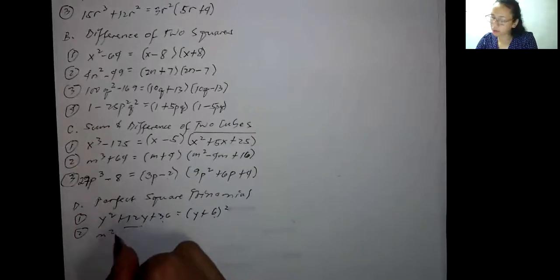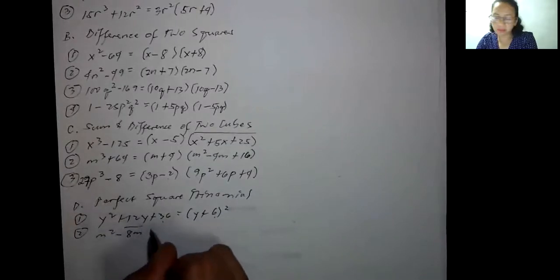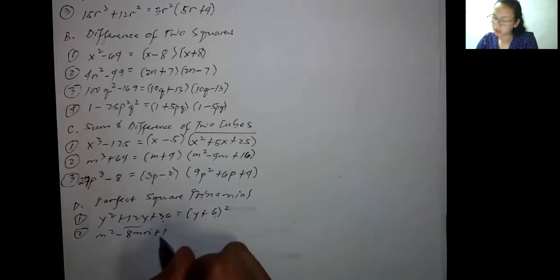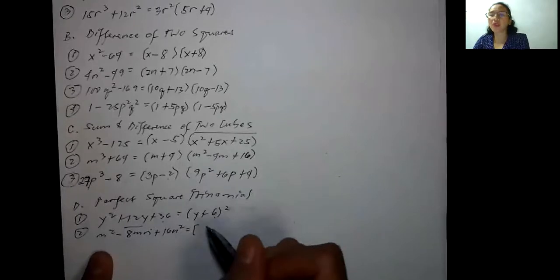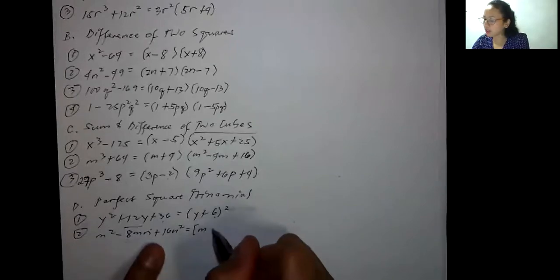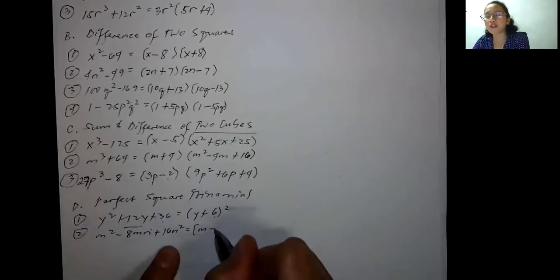Let us have another example. m squared minus 8mn plus 16n squared. So again, what is the square root of m squared? That is m. And then since this is negative and this is positive, the sign between them is negative. So what is the perfect square root of 16n squared?